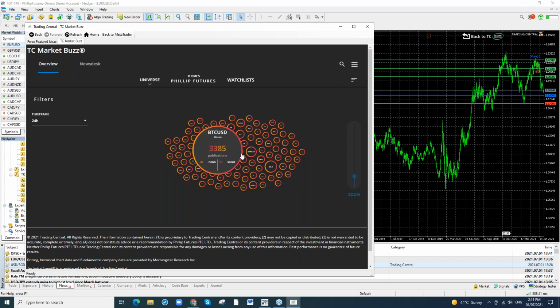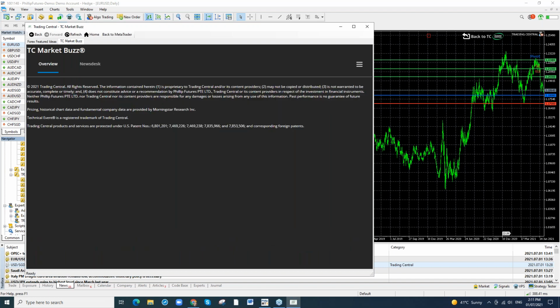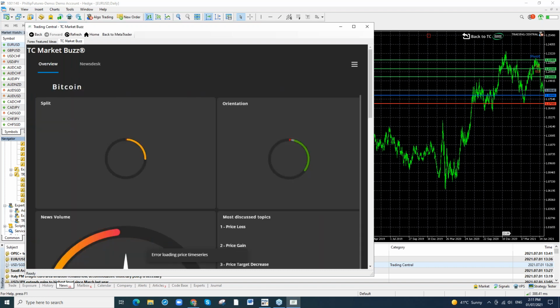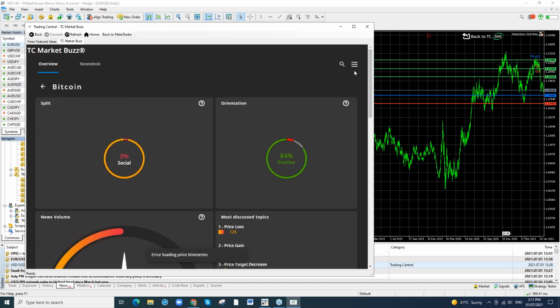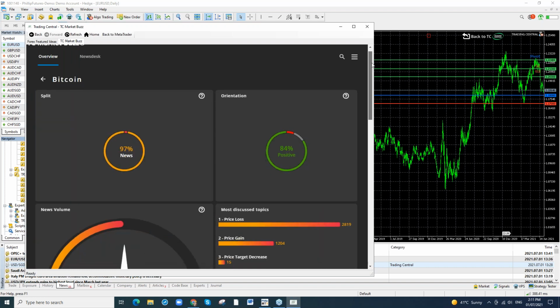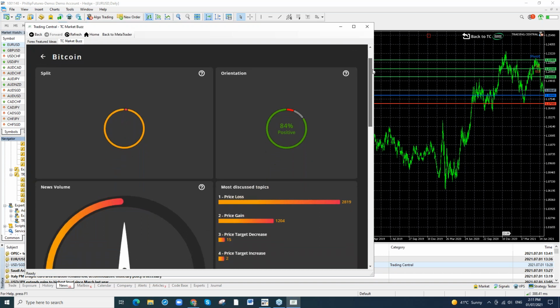If you just hover over the bubble, you will see how many publications were published on the specific asset. If you click through, you will get to the dashboard of the asset, where you can get some more indicators.